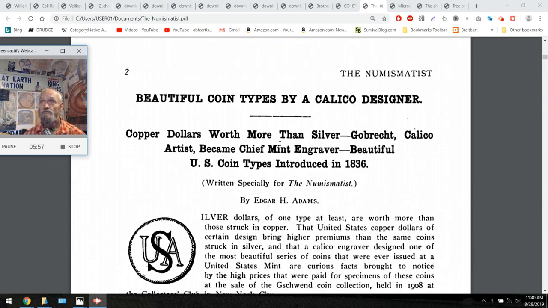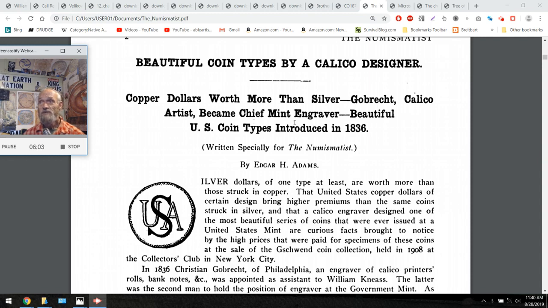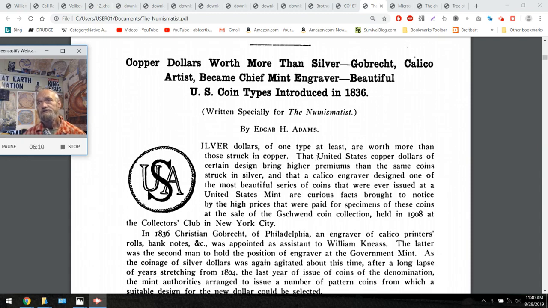Copper dollars worth more than silver. Gobrecht, a calico artist, became chief mint engraver. Beautiful U.S. coin types introduced in 1836. Silver dollars, of one type at least, are worth more than those struck in copper.